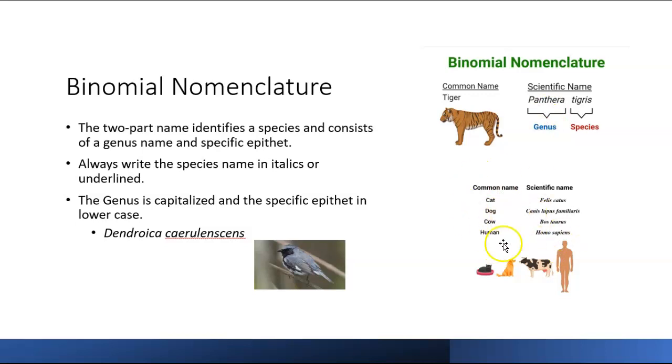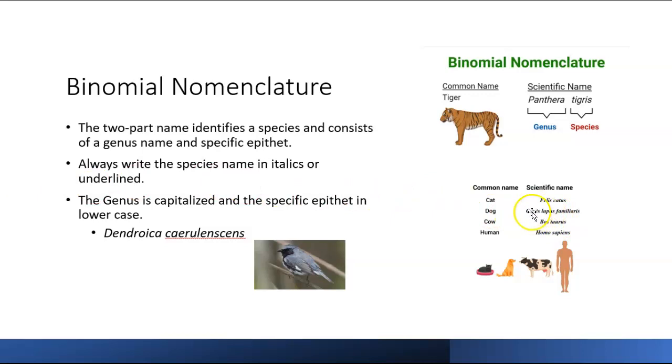Here are a couple more examples of scientific names for some common organisms, including humans, Homo sapiens. Just pay attention to the way the scientific name is written: it's in italics, the genus name is capitalized, and the specific epithet is lowercase. I wanted to point out dog.